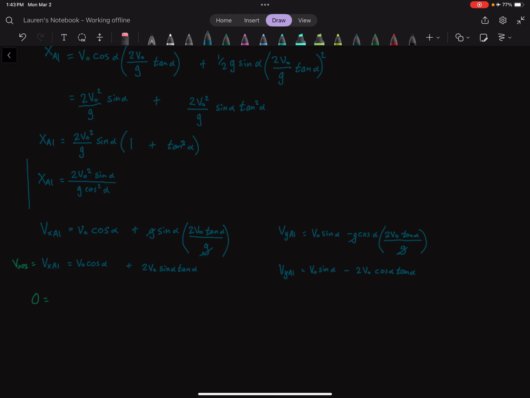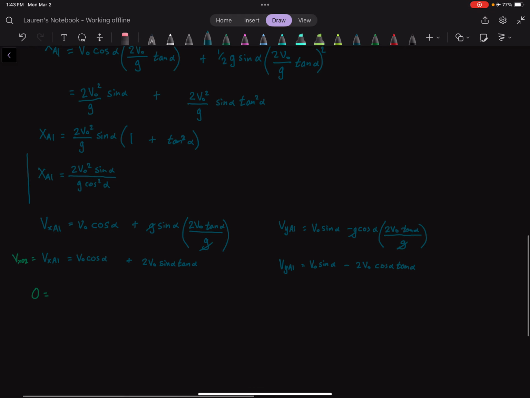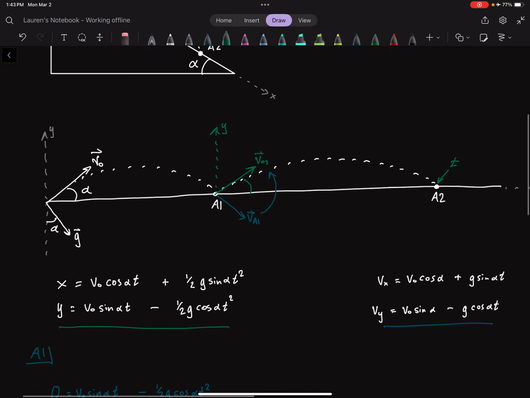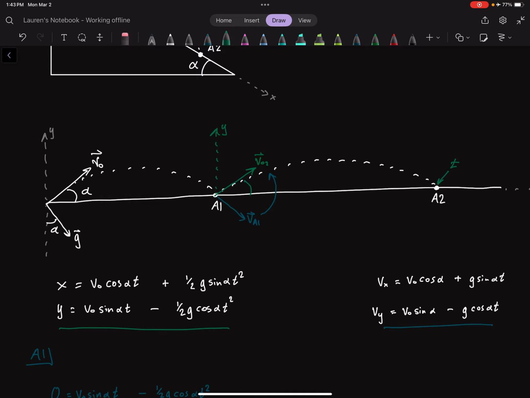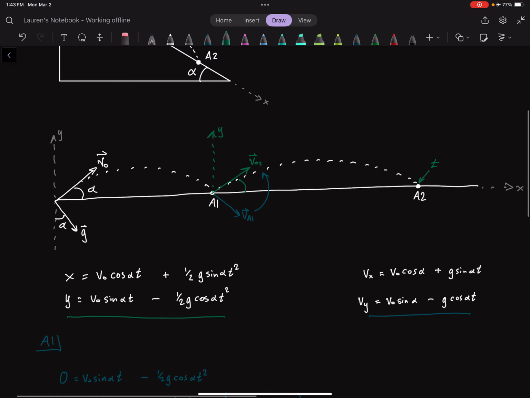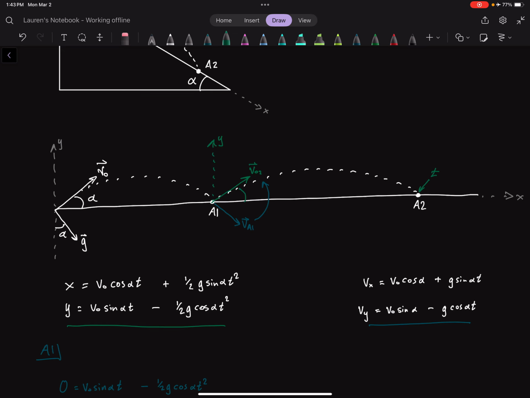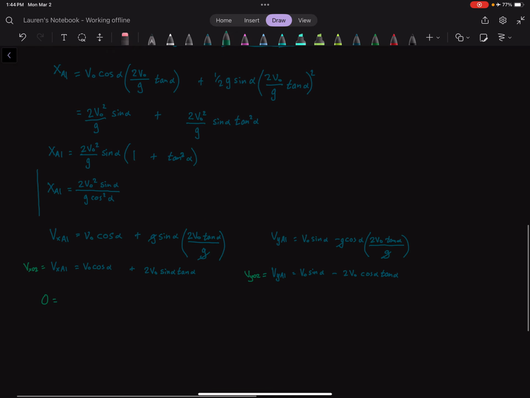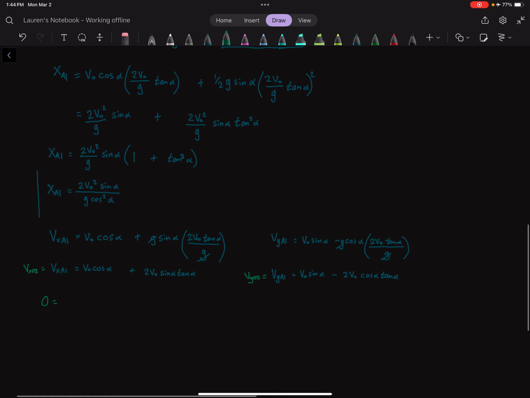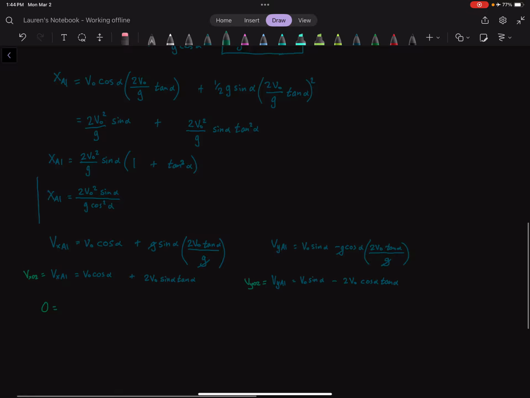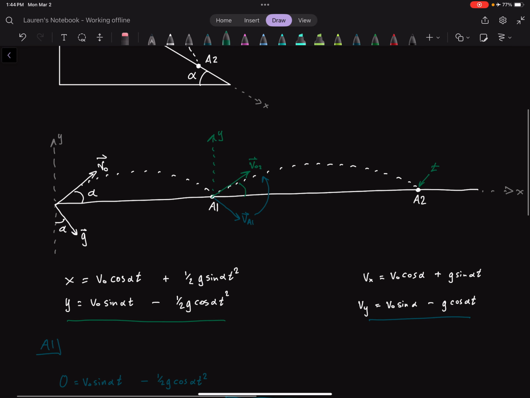So there we go. So here, we are saying that this is equal to the initial y component of velocity for our second problem, right? And what we're thinking here about the elasticity is that it reflects. It reflects, right? And so whatever the y component of velocity was for the final A1 is the inverse of the initial, because it reflects across that x-axis.